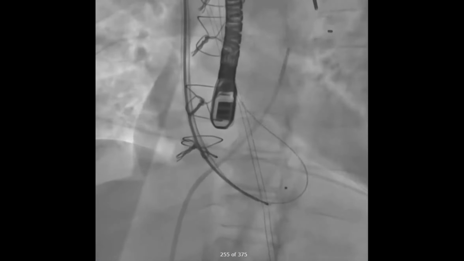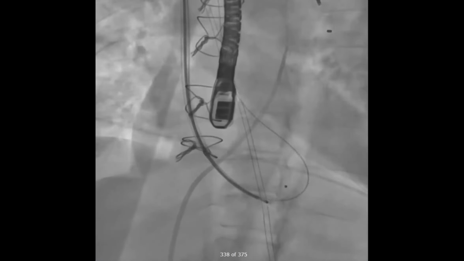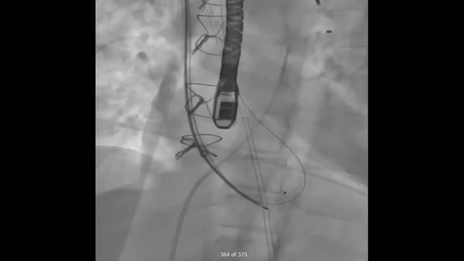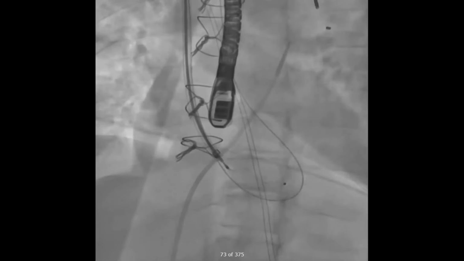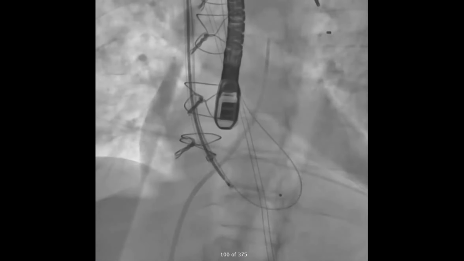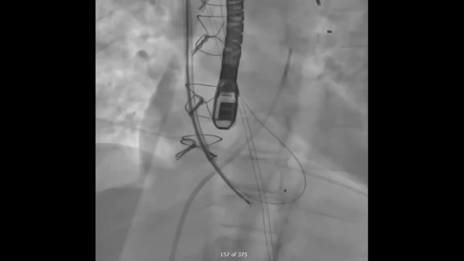Okay. Question: what is this beating in the background? You see a white shadow? It's a balloon. It's a balloon pump. Okay. Is the patient's heart rate regular?